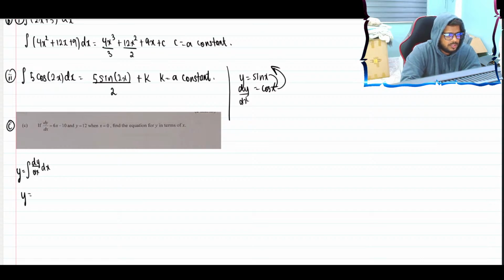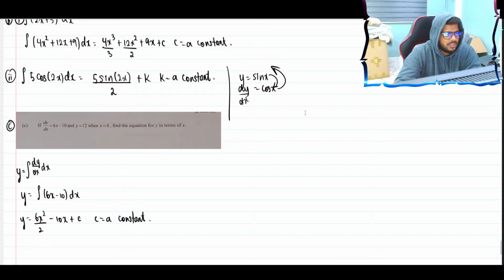So y is going to be the integral of 6x minus 10 with respect to x. y is going to be 6x squared over 2 minus 10x plus c, where c is a constant.